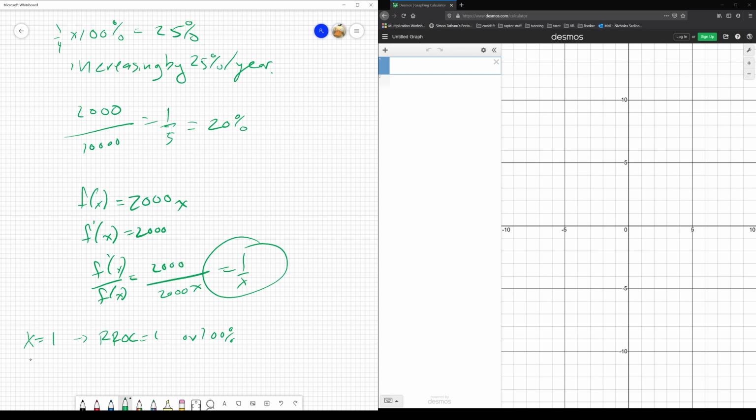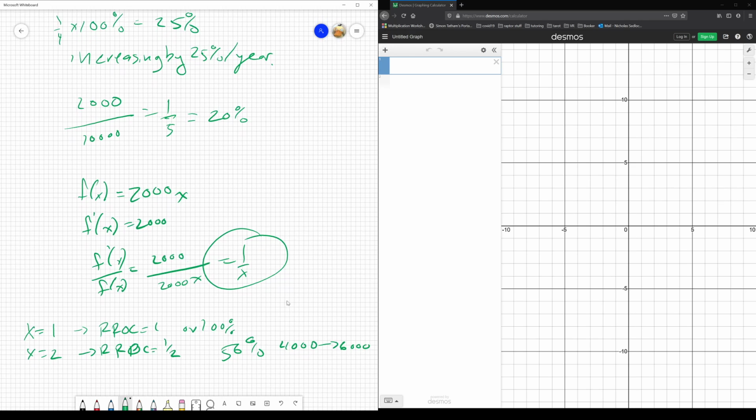And then when x is 2, you're going to get a relative rate of change of 1/2, which is the same thing as 50%, which is great because that's when it's going to go from 4,000 to 6,000. So it's going to increase by 50% and so forth.